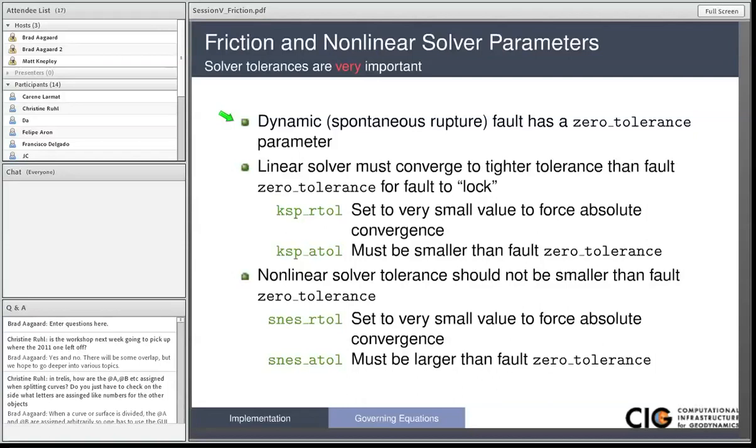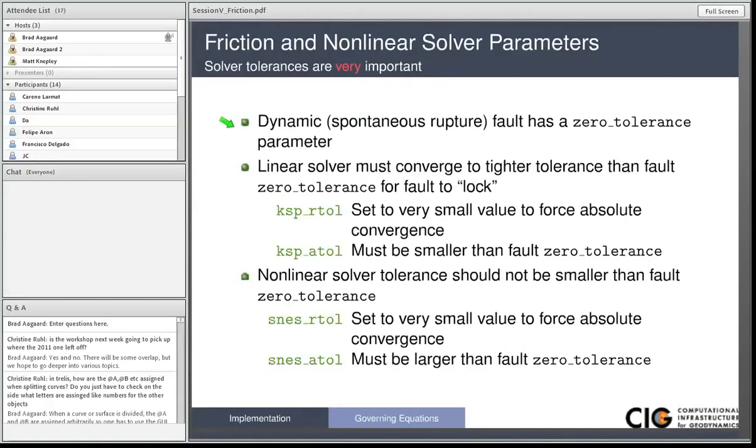Whereas when the slip exceeds that, we'll be assuming that the fault constitutive model that we've updated allows slip. Now, what this means in terms of our solver parameters is that when we're doing our linear solves within the nonlinear solver, we need to make sure that we converge at a higher tolerance than our zero tolerance for detecting the locked fault and imposing a locked fault.